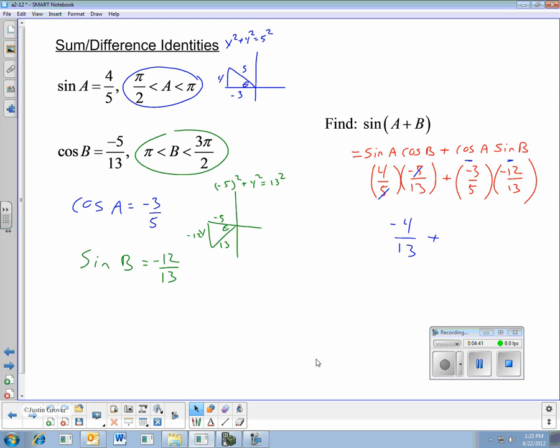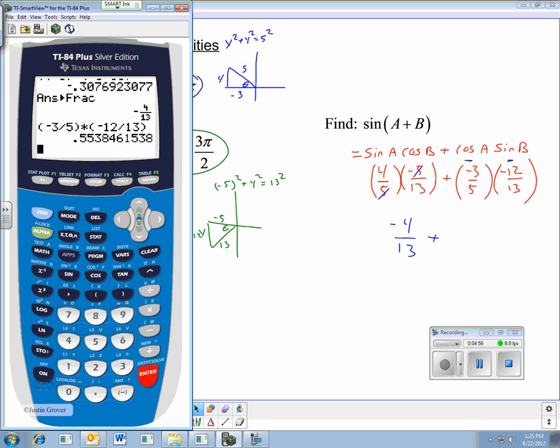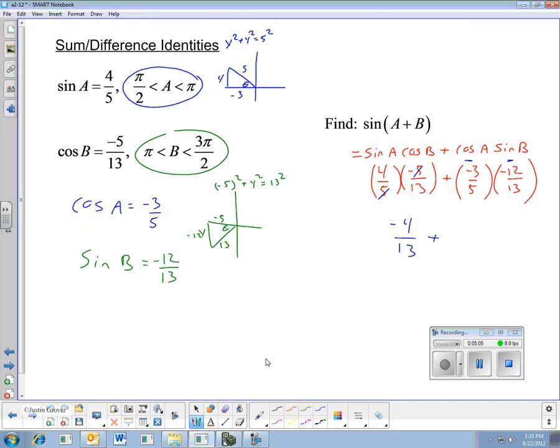But I'm going to use my calculator for the other side too. Parentheses, negative 3/5 times negative 12/13, convert to a fraction, enter, enter. Let's see, 36 over 65. Okay.